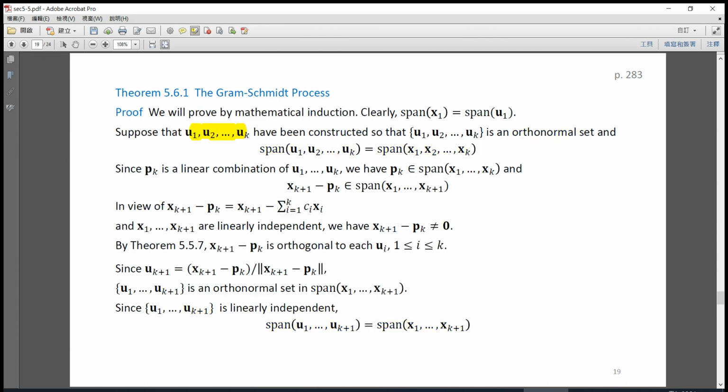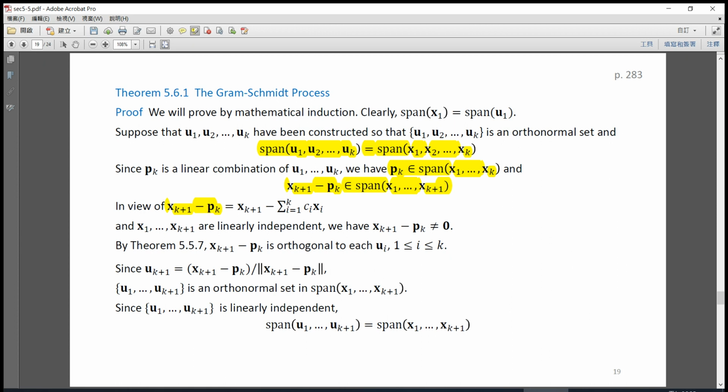Since the span of u1 up to uk equals the span of x1 up to xk, we know pk belongs to the span of x1 up to xk, and hence xk plus 1 minus pk belongs to the span of x1 up to xk plus 1, and therefore xk plus 1 minus pk is a linear combination of x1, x2, up to xk plus 1.